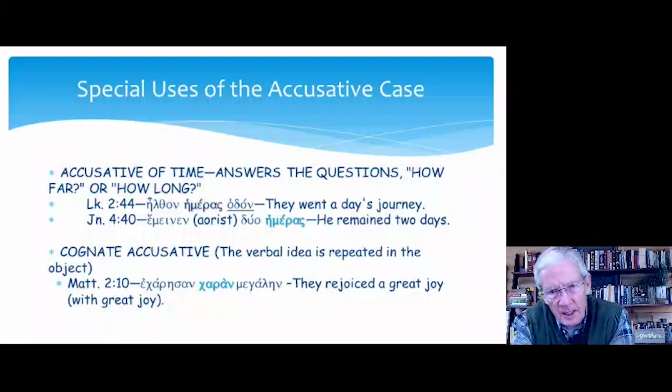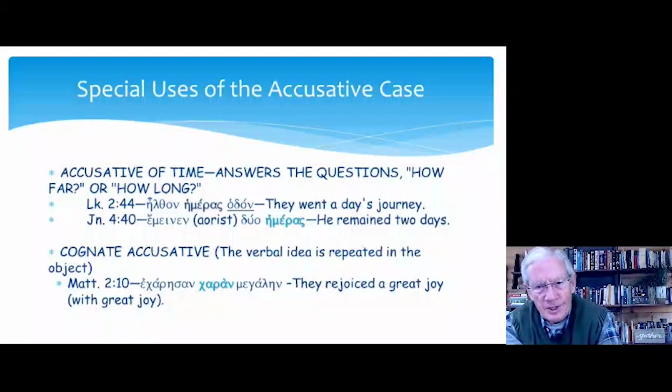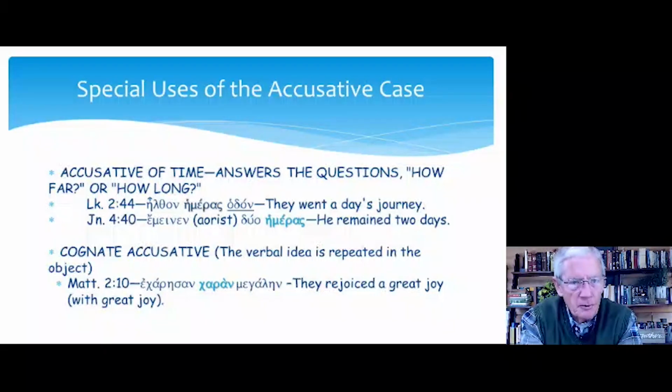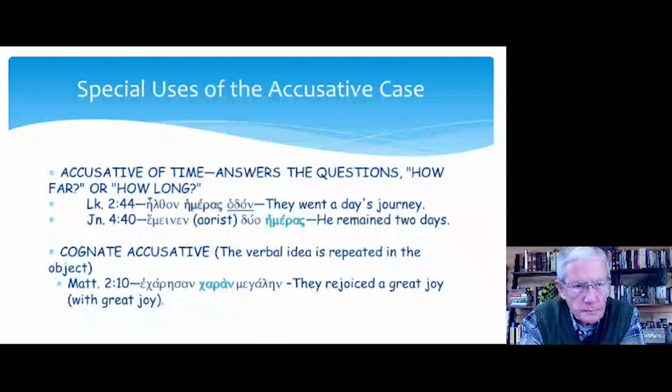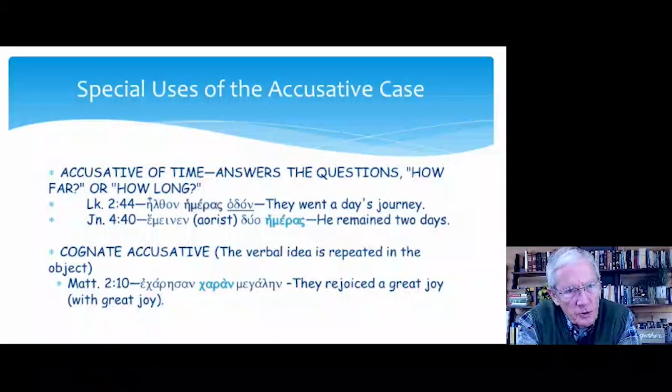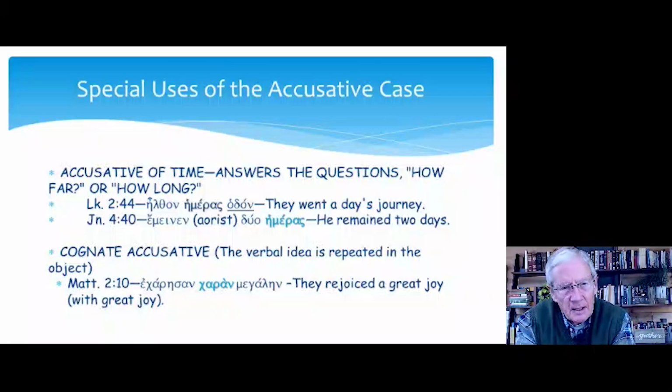All right, and finally, we have some special uses of the accusative case. We have the accusative of time, which answers the questions how far or perhaps how long. So Luke 2:44, ēlthon hēmeras hodon. So they went. All right, hodon is a feminine singular accusative.